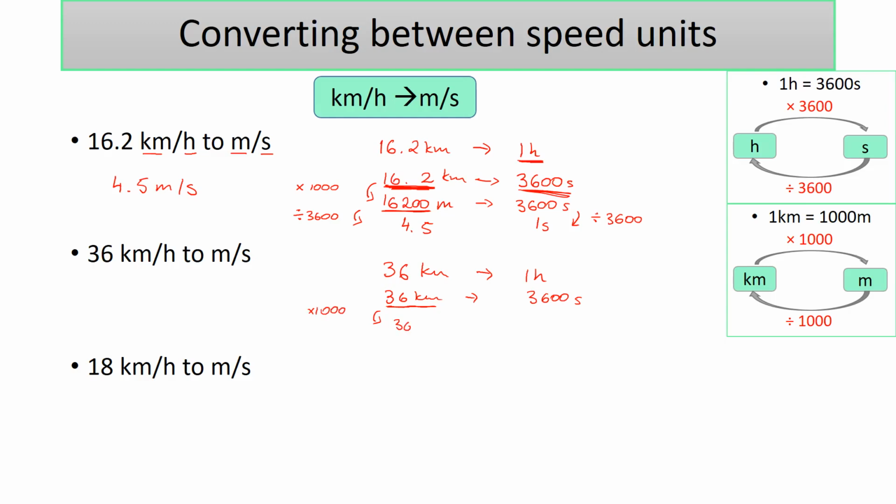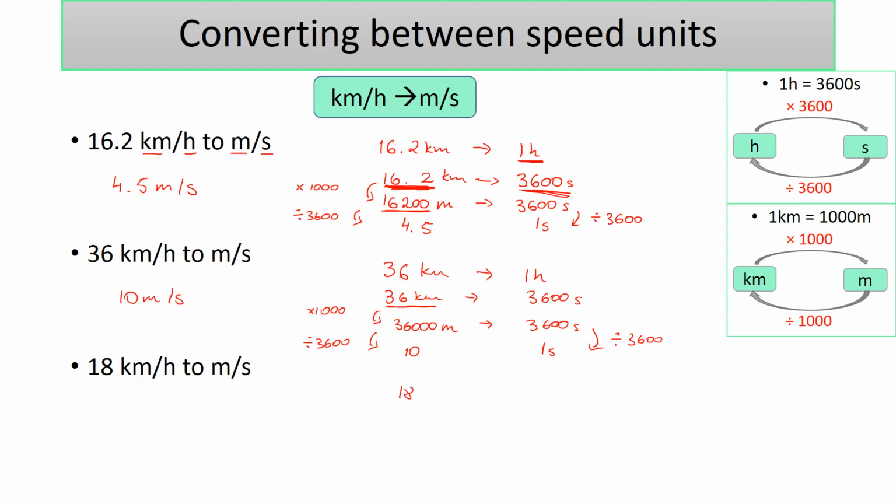That is 36,000 meters in 3,600 seconds. Now I want the time to be given in 1 second, so I need to divide it by 3,600, and I'll have to do the same to the other side, which is going to give me 10. So the answer is 10 meters per second.